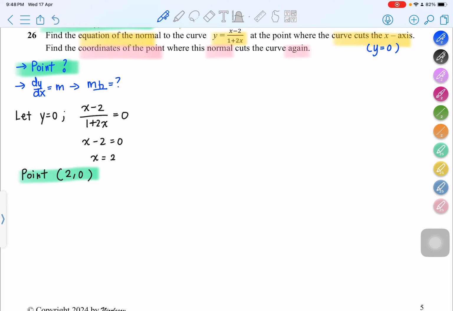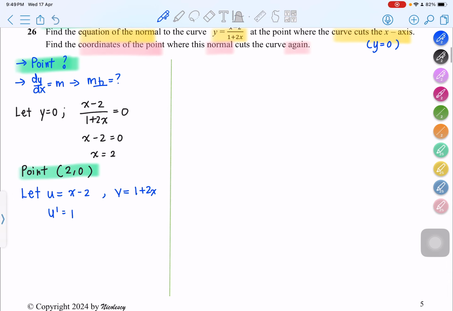First, let function u be my numerator, x minus 2, and function v be my denominator, 1 plus 2x. Now we differentiate: u prime equals 1, v prime equals 2.